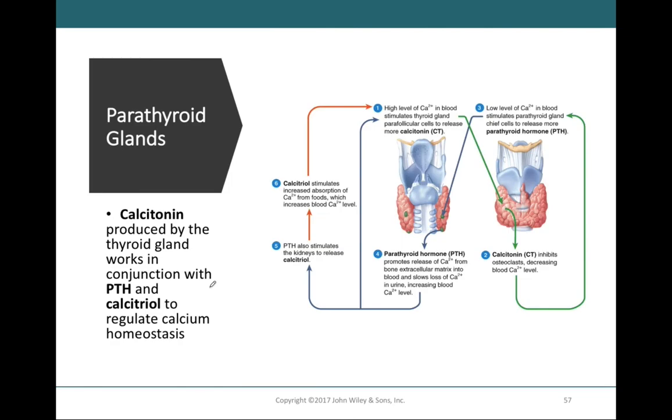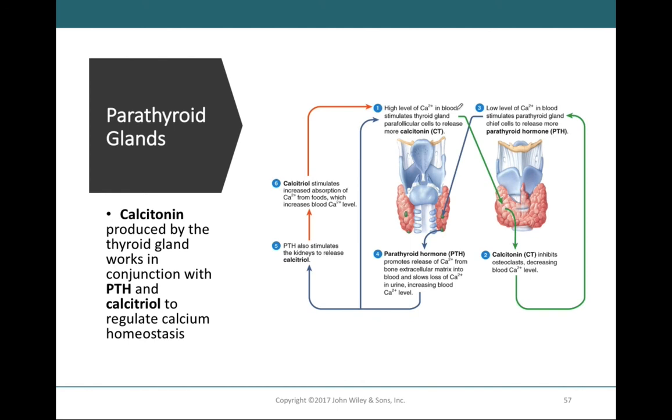So we've got two major types of cells in the parathyroid gland, but one major hormone that's going to come out of it. So the chief cells are releasing the parathyroid hormone, which is directly going to antagonize calcitonin from the thyroid gland. So this slide will nicely show us the homeostatic interplay of these two hormones in the bloodstream together. So we'll start here with number one.